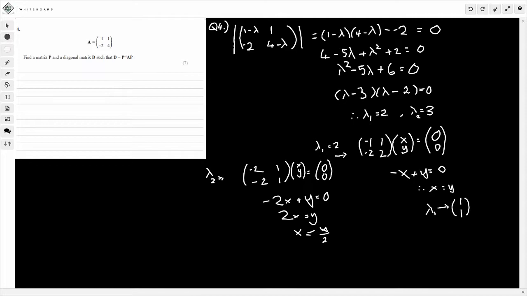For example, if I pick y is 2, x is half of that, so x will be 1. So an eigenvector would be 1, 2. So that's for lambda 2.